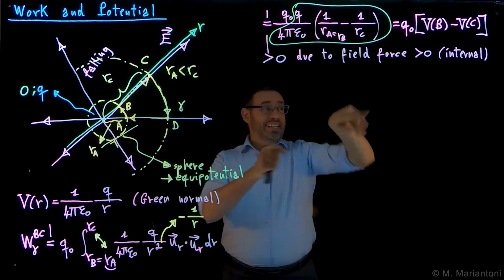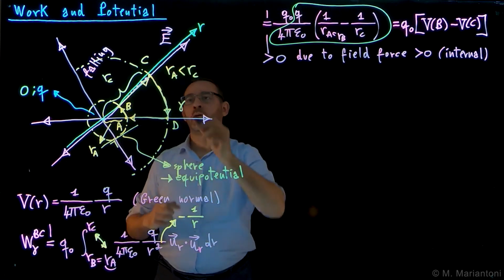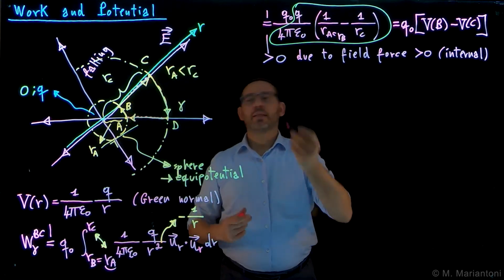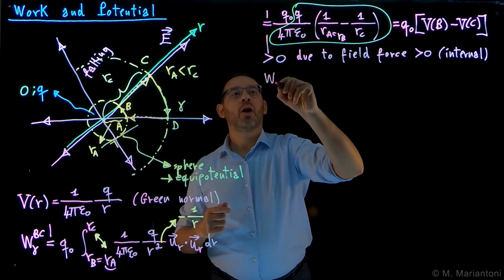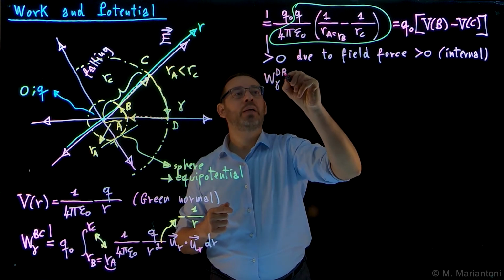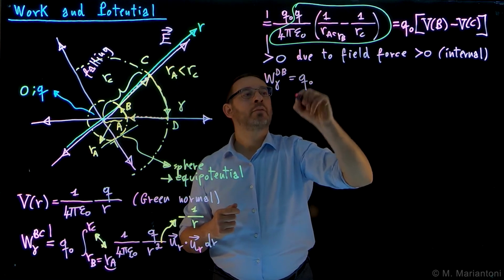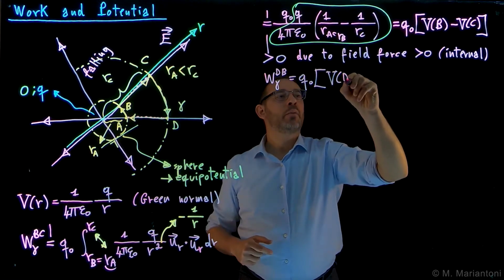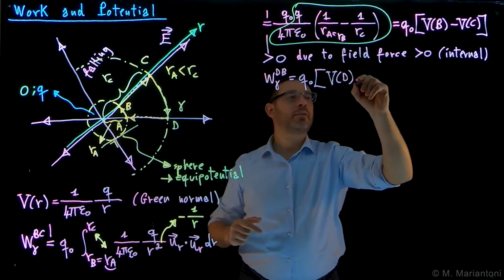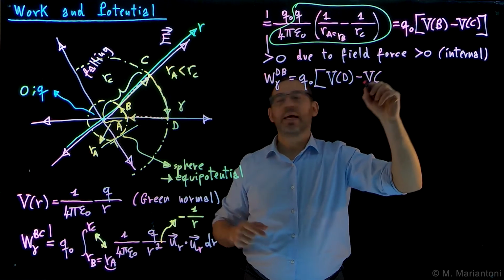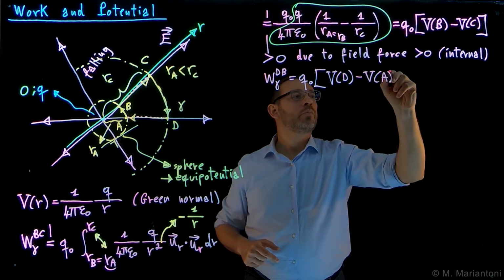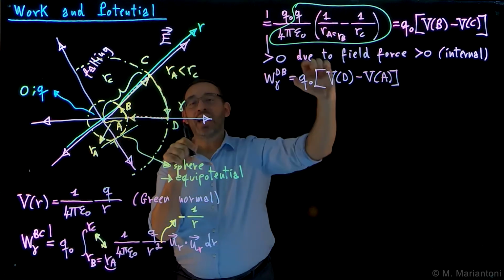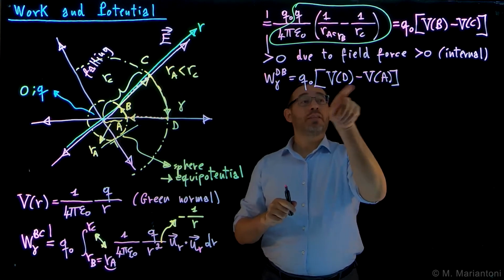All right, similarly, of course on CD there is no contribution, if I go from D back to B, in that case the work along gamma to go from D back to B will be equal to Q naught, the bracket electrostatic potential at point D, which is the first point where I start, minus the electrostatic potential at the last point A. Again, since this radius is larger than this radius, when I invert them, in this case, this quantity is smaller than this quantity.